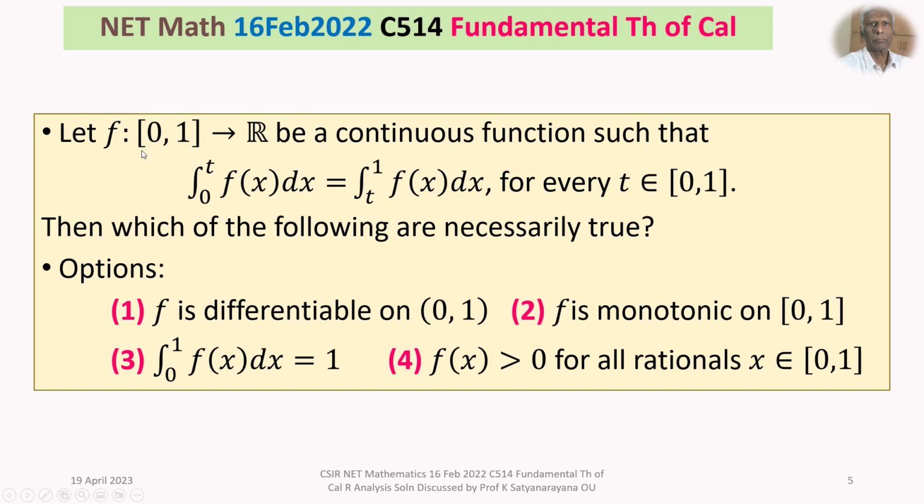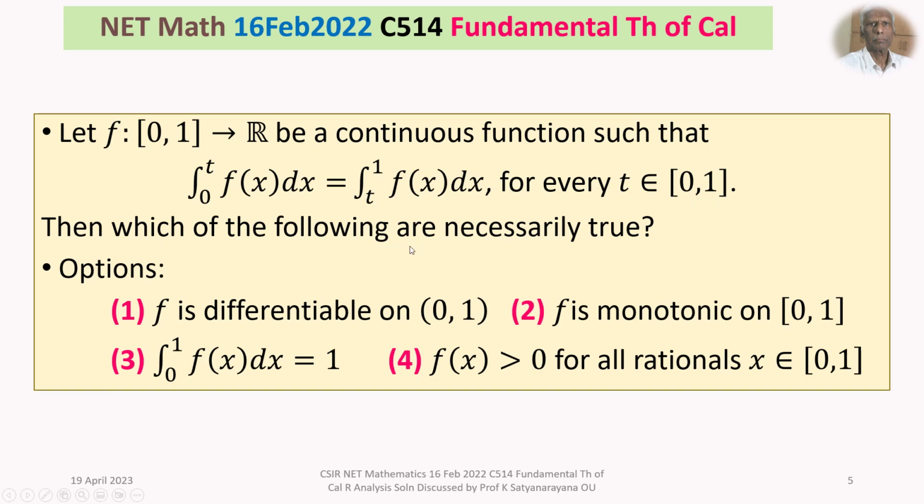We are given a function f defined from the closed and bounded interval 0, 1 to R, the set of real numbers. It is given that f is a continuous function and it satisfies integral 0 to t f of x dx is equal to integral t to 1 f of x dx for every t belongs to the closed and bounded interval 0 to 1.